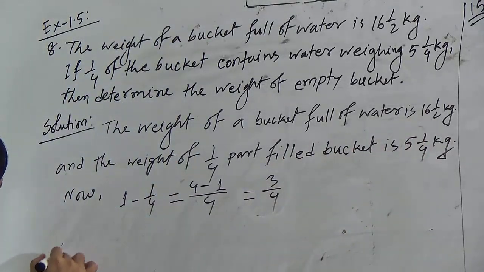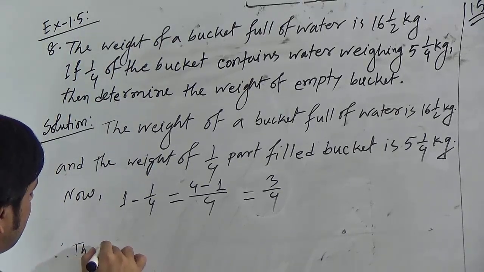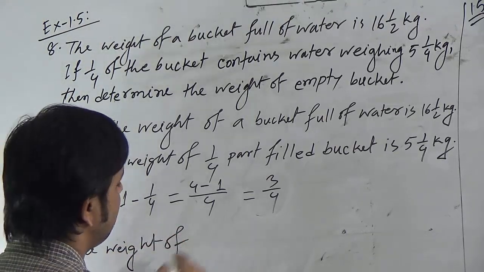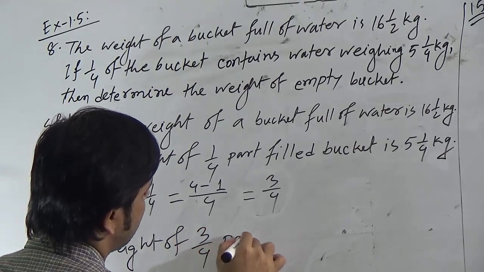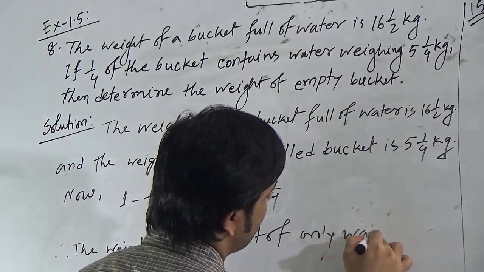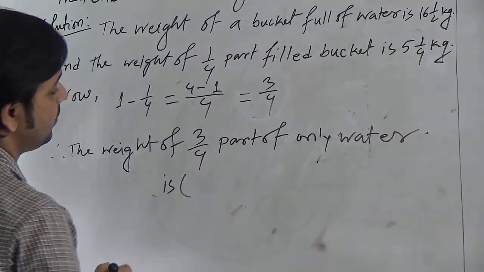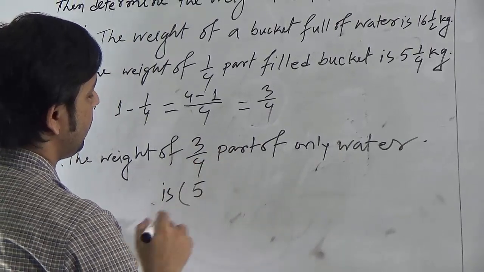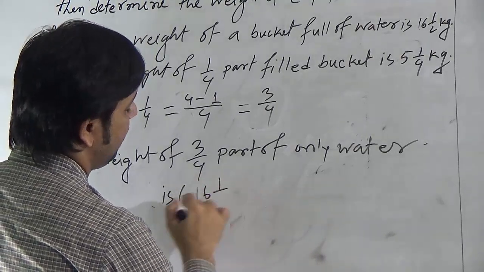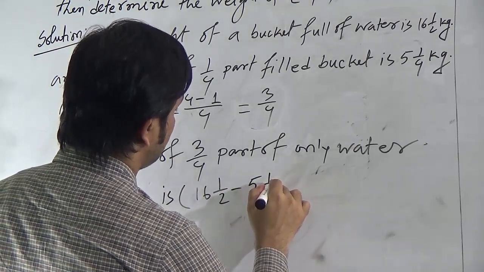So we can write, therefore, weight of 3 by 4 part of only water is, then we have to subtract 5 integer 1 by 4 from 16 integer 1 by 2.